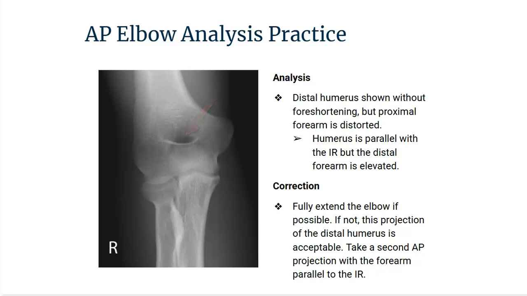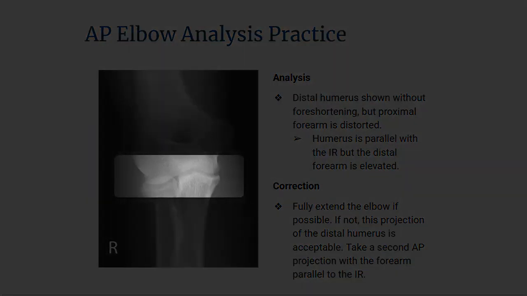The degree of foreshortening depends on the positioning of the humerus and the forearm relative to the IR. When the humerus is positioned parallel to the IR and the distal forearm is elevated, as seen in this projection here, the resulting image demonstrates an undistorted distal humerus, a foreshortened proximal forearm, and a closed elbow joint.